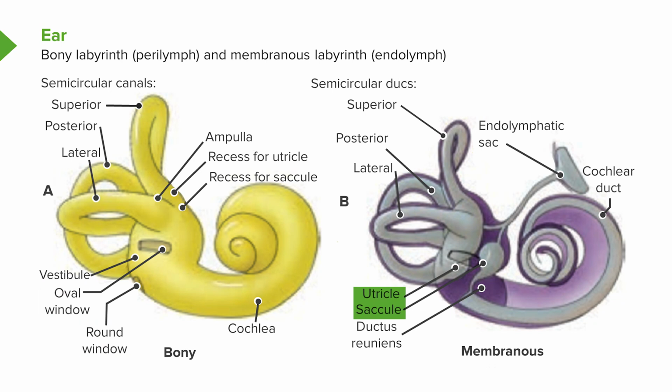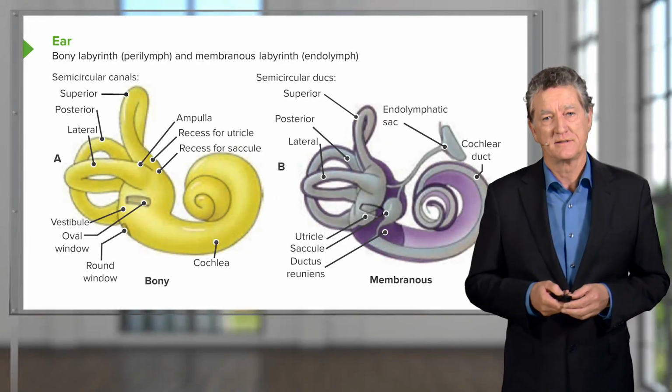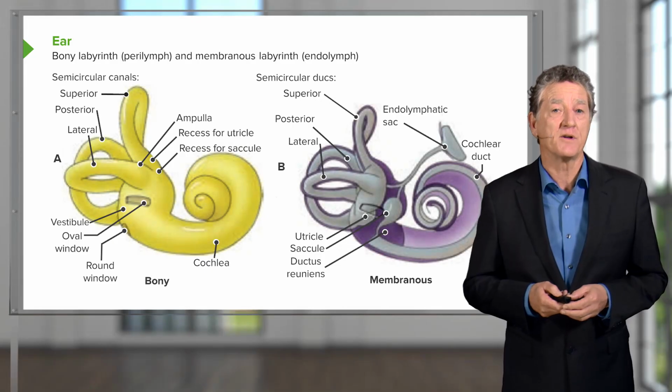The utricle and the saccule are anatomical components of the inner ear that house the receptors for linear movement of the head and the position of the head. They house the macula, and I'll talk about those later on in this lecture.